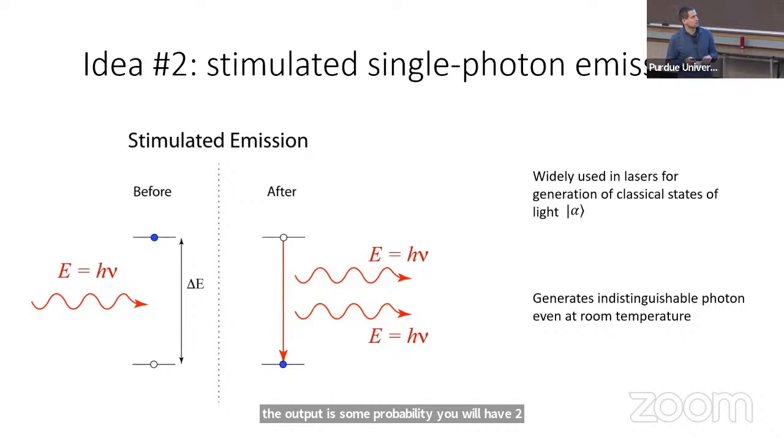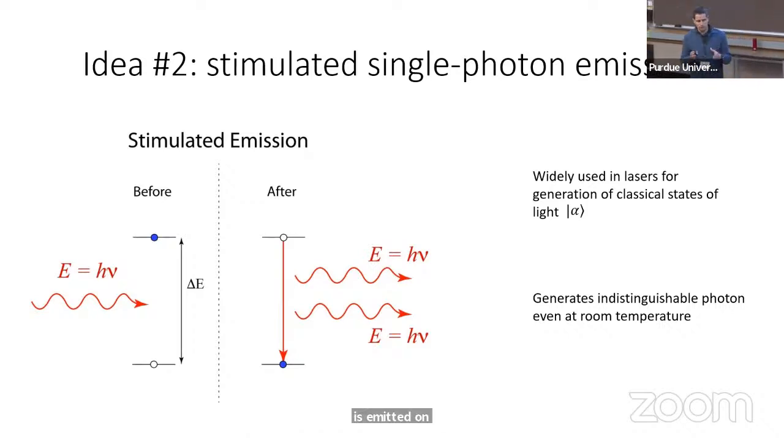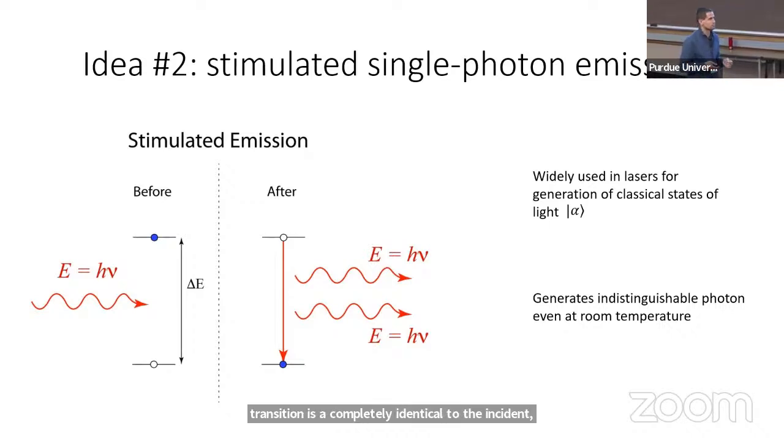This is a very well-known effect, and we widely use it for lasers. The good thing about it is that it generates indistinguishable photons even at room temperature. And the photon which is emitted on this transition is completely identical to the incident photon. And this is the most important thing here.